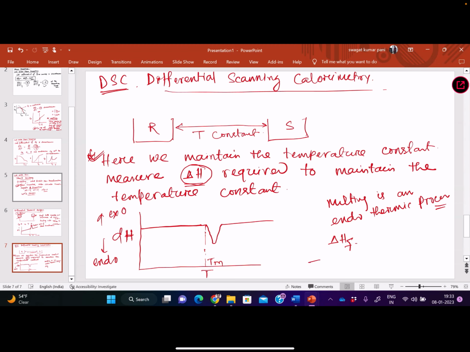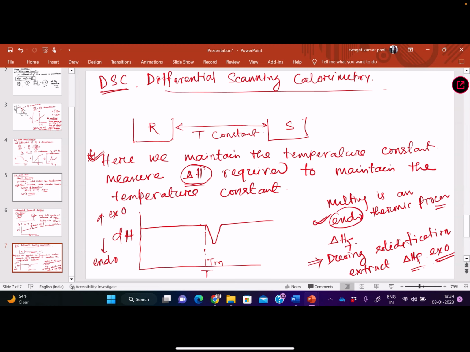Or during solidification, we have to extract this delta HF, then only solidification will occur. Okay, so this is called exothermic process. Solidification is called exothermic and melting is called endothermic process, remember.